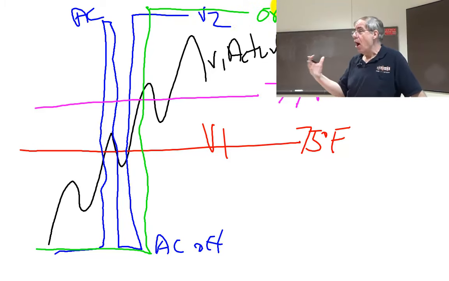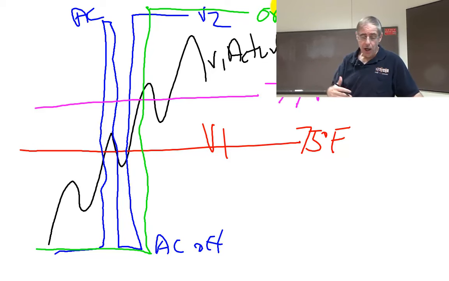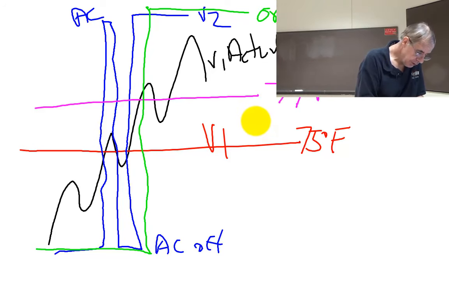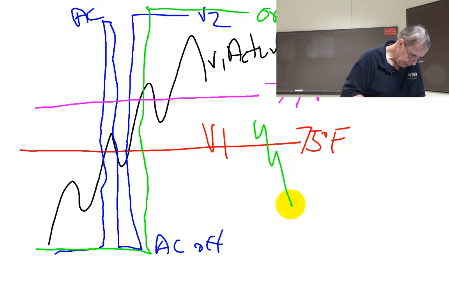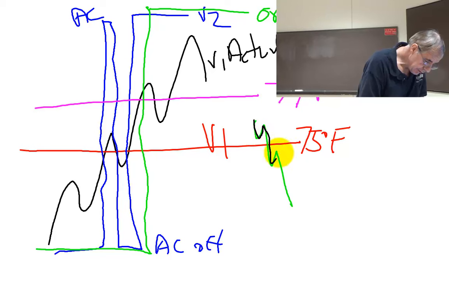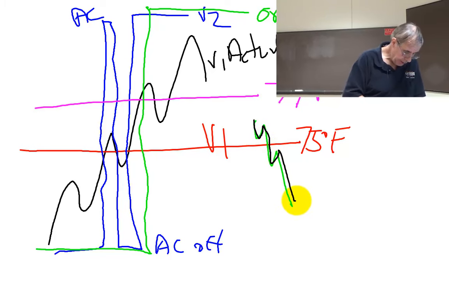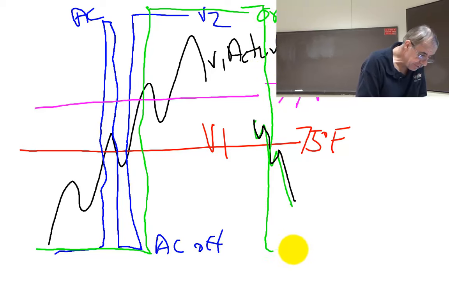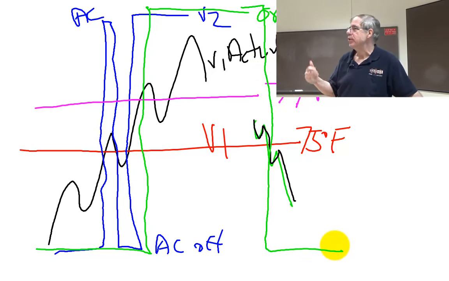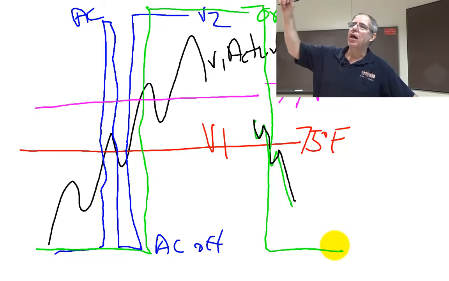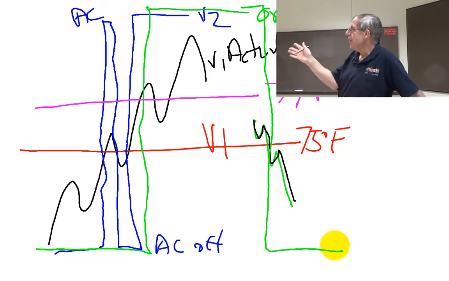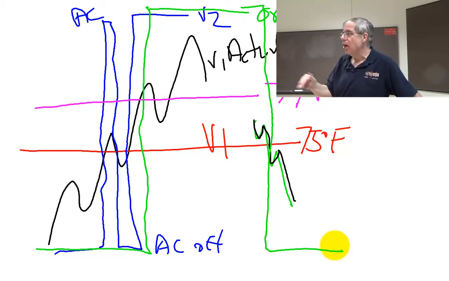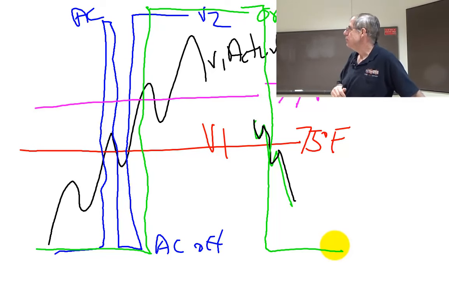And we're going to turn off when it goes below 75. Oops, I want the black one to do that. Okay, so what I'm going to do is turn it off when it goes below 75. And that is the essence of hysteresis. Two thresholds. One to turn it on and one to turn it off. So right there at the junction of on and off, it doesn't oscillate out of control. Okay, that's the essence of what we're doing here.